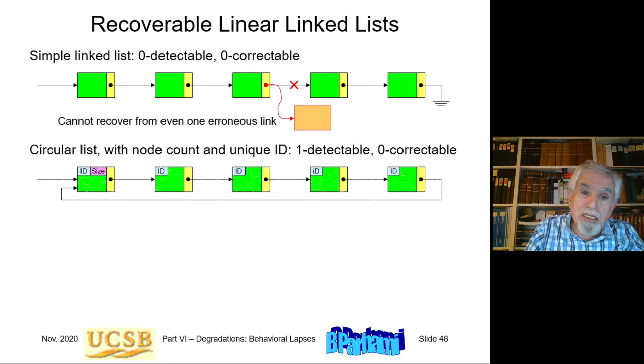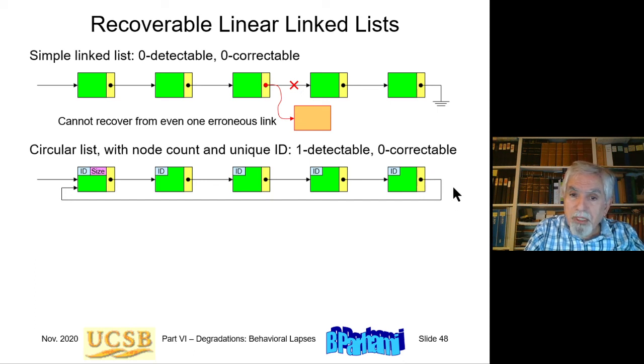One idea is to store an ID in each node so that that ID identifies these elements as belonging to a particular list. So this is list X, so the ID will be X. Therefore, if this happens and you go to a different location, that ID will not be there and you detect corruption. So this is error detecting if you store ID.